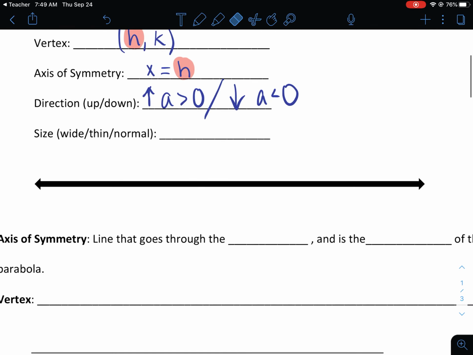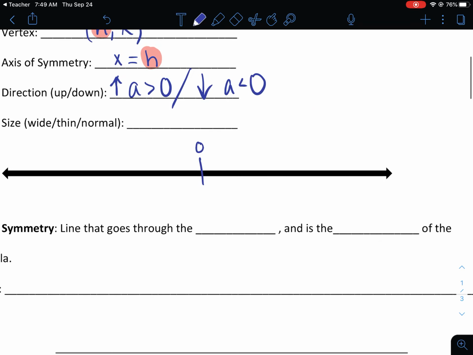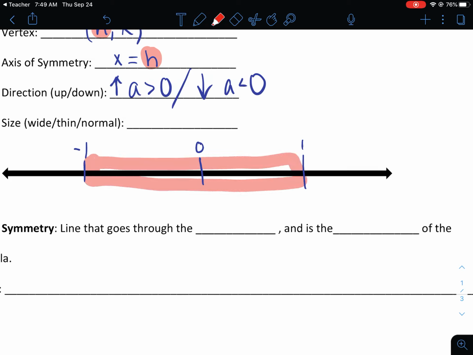This is supposed to be a number line. Pretend that this number line has 0, and then 1, and -1. If your a value is between -1 and 1, it's going to be wider.